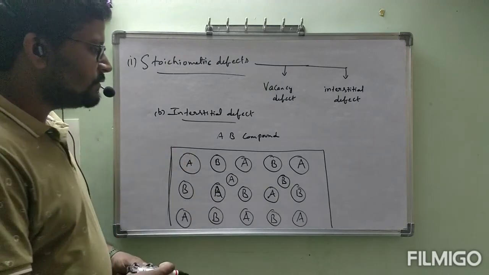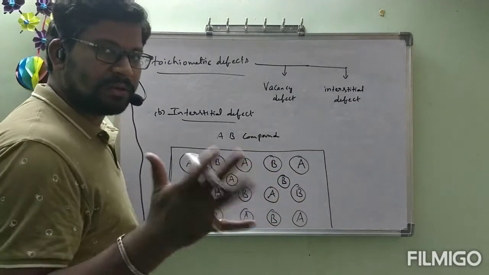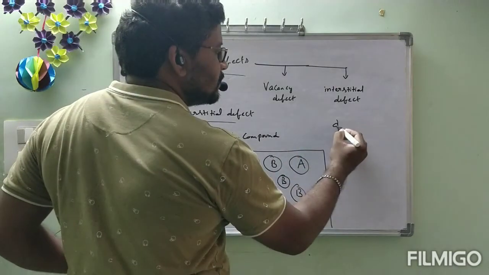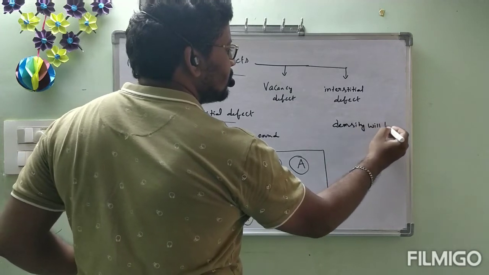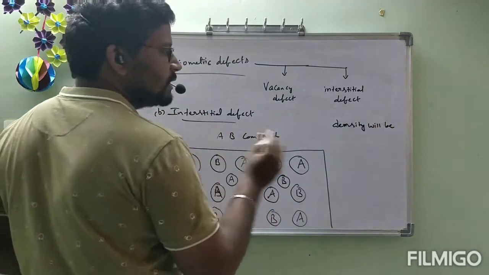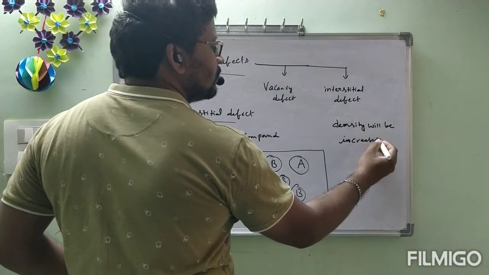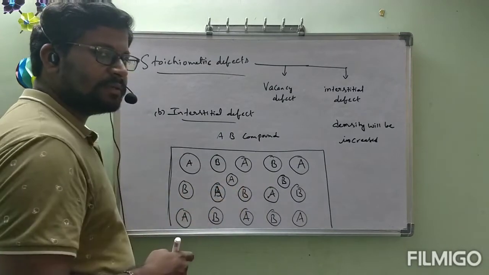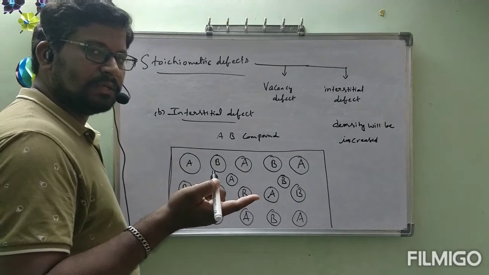Because of this interstitial defect, is any particle missed? No, extra particles came. Density will be increased. Why? Mass increases. A particle number increases, B particle number also increases. Mass increases means density increases.